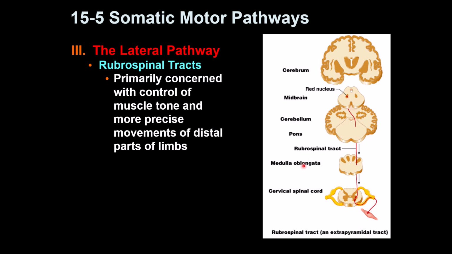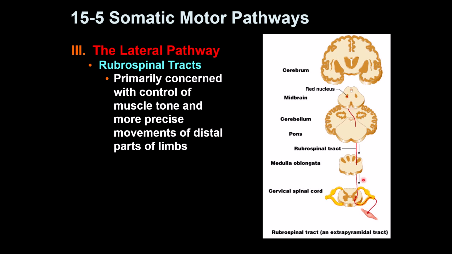The lateral pathway has only one tract, and this is the rubrospinal tract. And the rubrospinal tract is coming from the red nucleus. If you remember, red nucleus is located in the midbrain, and the pathway crosses the midline, comes down, and synapses in the anterior horn.